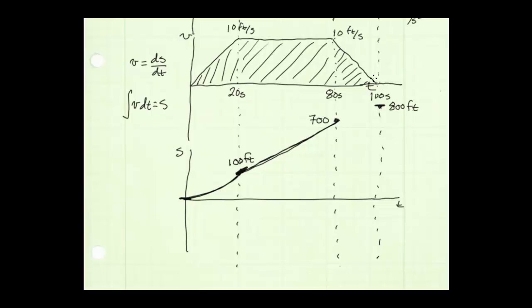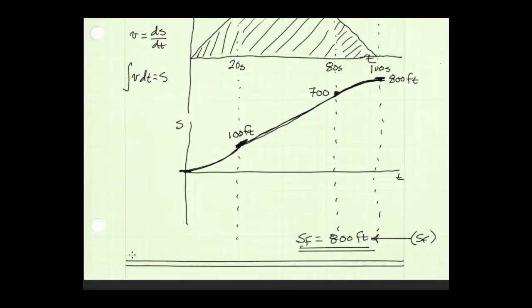And because this is a first order line, this has to be a second order polynomial curve, so it's a curve that's concave downward. And that gives me my position time graph with all of the representative times. And we know that our final position now is equal to 800 feet. And that's the end of the problem.